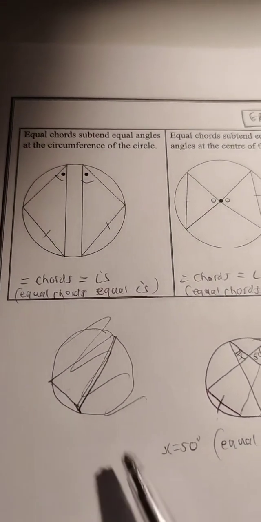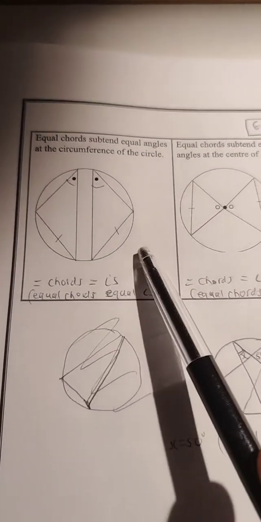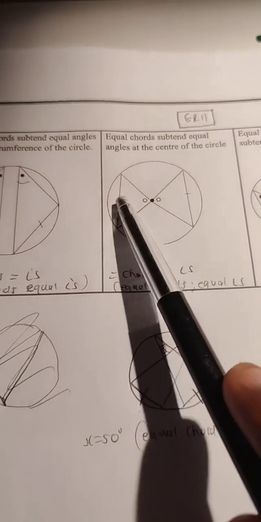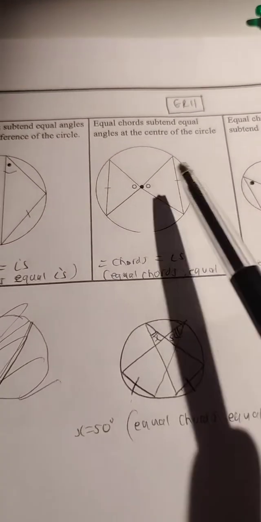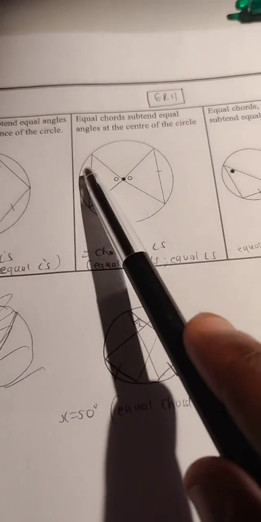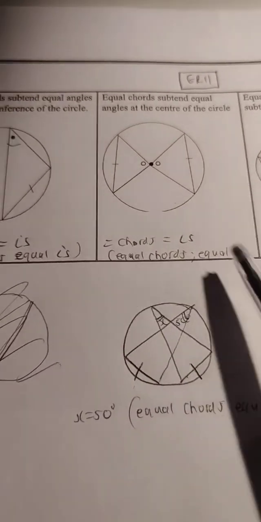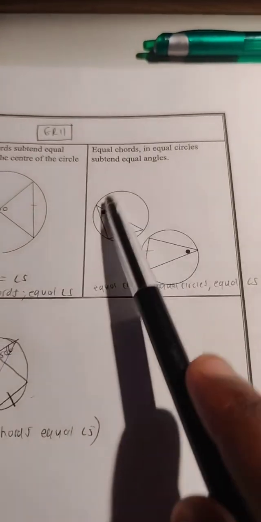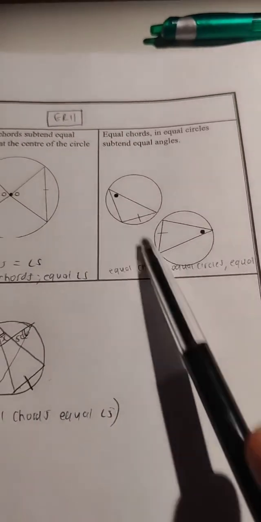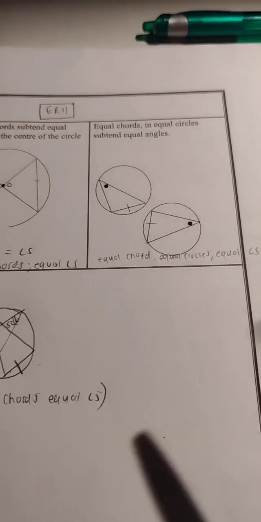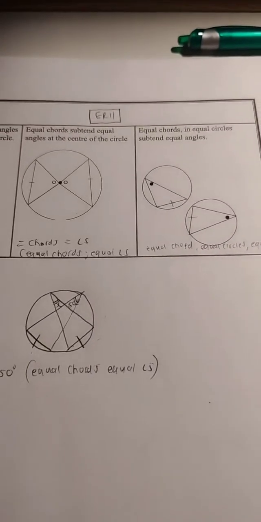So there we have it, guys. Equal chords, equal angles. But this one is talking about the equal chords subtending equal angles at the center. This one, equal circles, equal chords, equal angles.